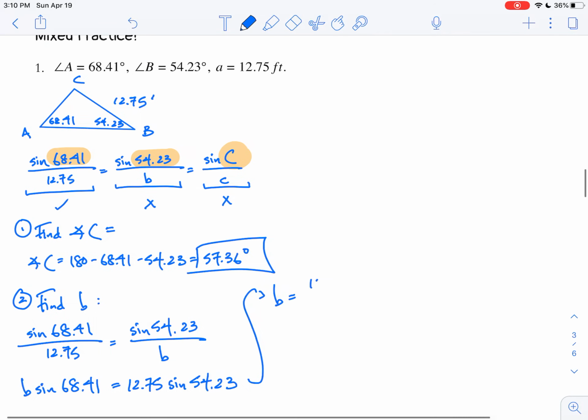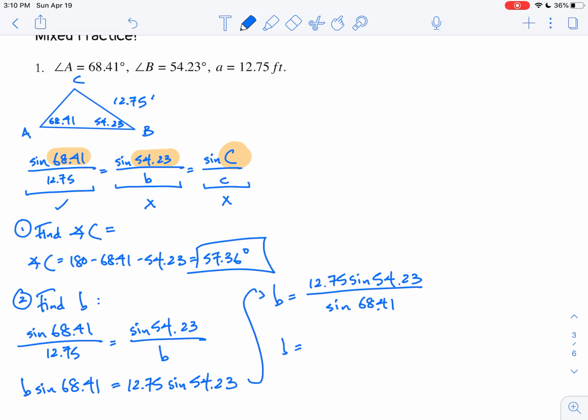So little b equals 12.75 sine 54.23 over sine of 68.41. Type that all into the calculator. And divided by sine 68.41 will give me a little b of 11.126 feet.